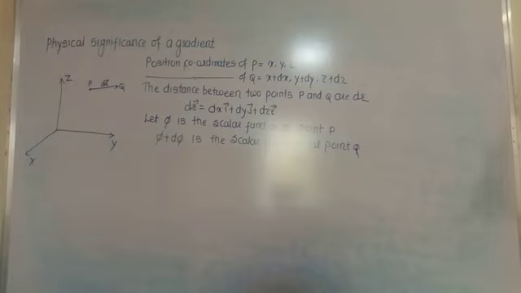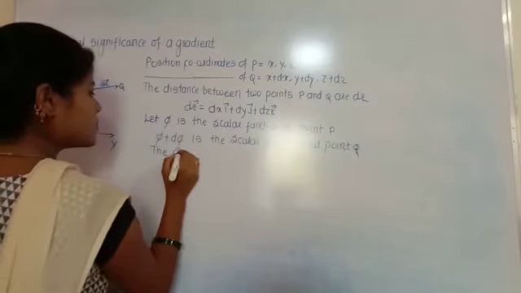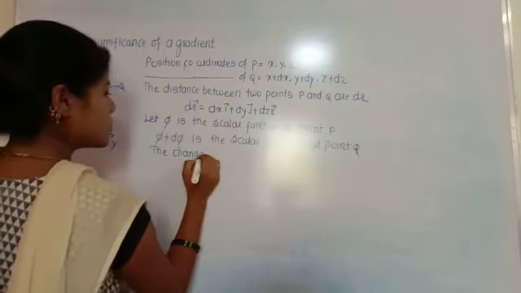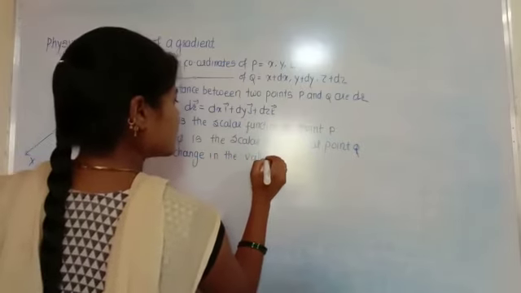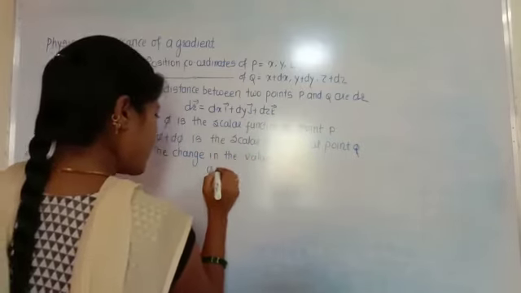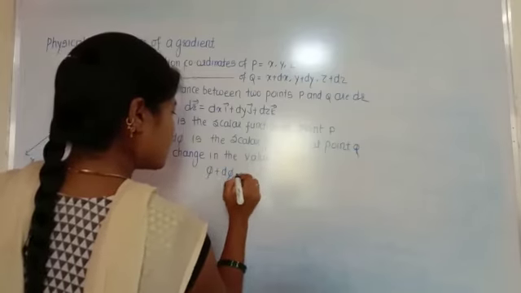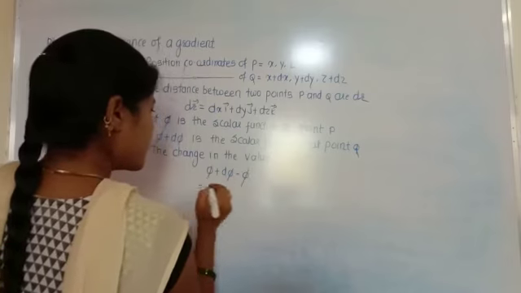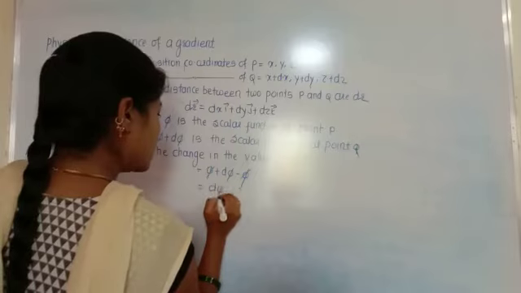Then the change in the value of phi, d phi, is known as the total differential of phi. Therefore, the change in the value is phi plus d phi minus phi. The phi cancels, and we get d phi.